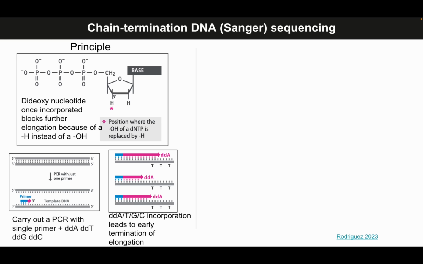In this case, these are dideoxy because of the 3 prime location of your usual base. So instead of an A, you have a special thing called A star that you have synthesized. What is special about this A star is that there was an OH here that is being replaced with an H. And that's what makes it dideoxy.